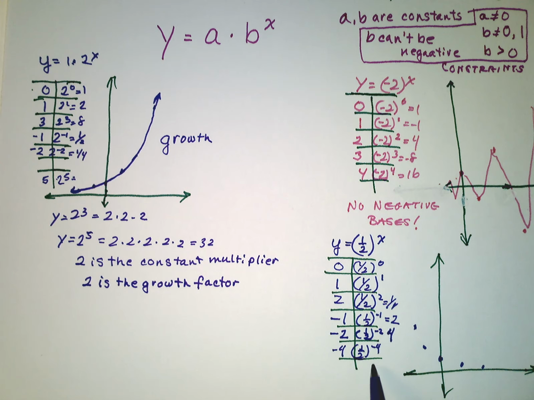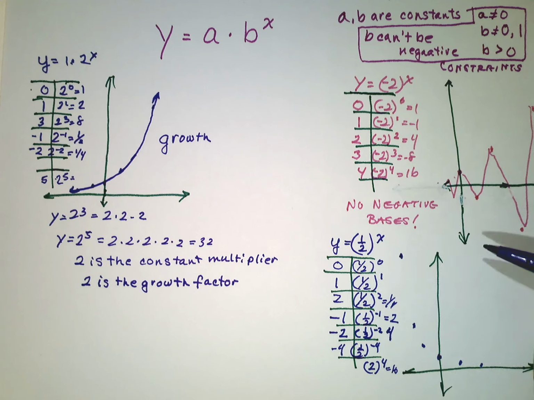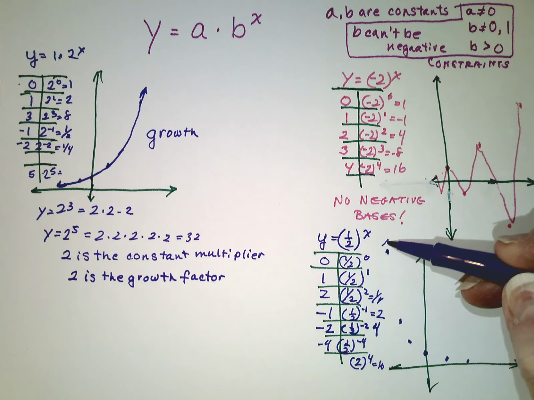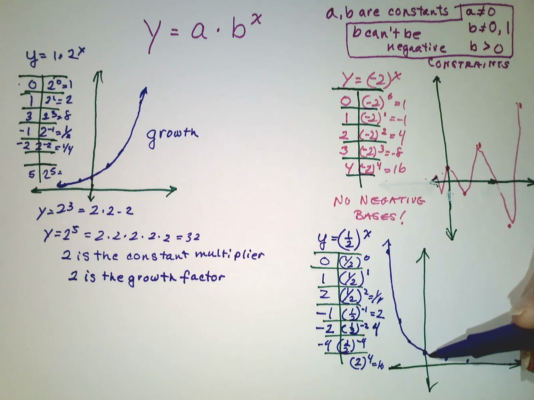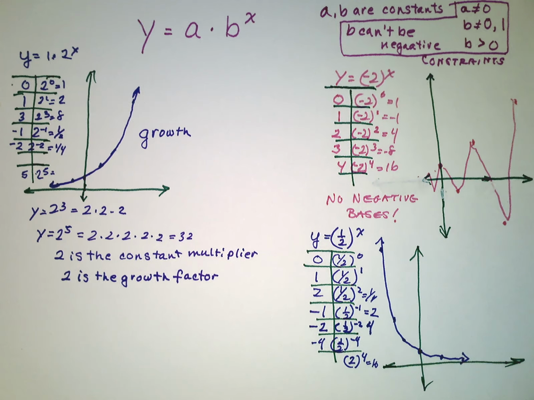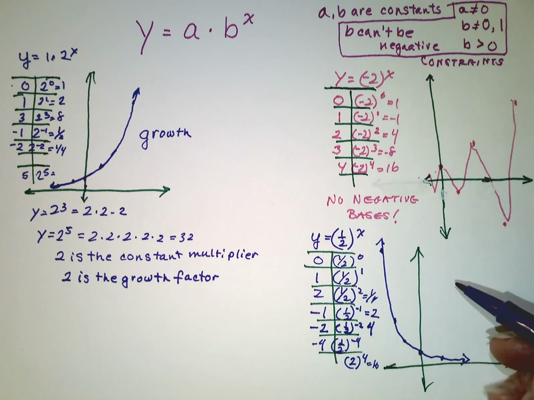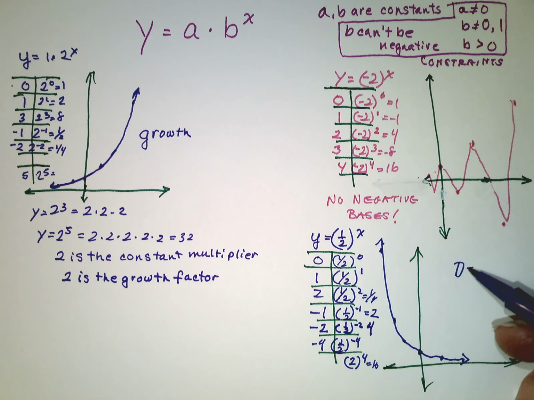That is the reciprocal raised to the 4th power. That'd be 16. So our dot would be up here somewhere. And our graph is doing this. And as you reviewed in the last lesson with Mrs. Milburn, this is exponential decay.